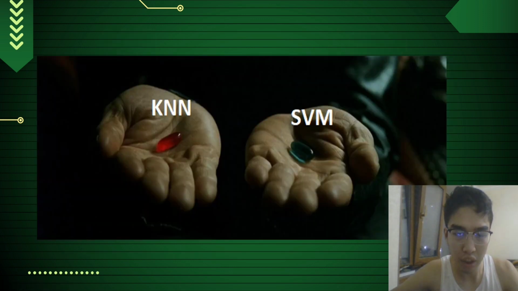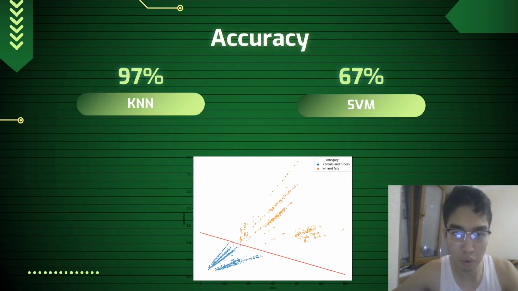So which one do you think is the better fit for our data? You can pause and think about it. So let me show you the answer. Based on accuracy, the main deciding factor here is the accuracy, and here KNN gives us 97% accuracy. When it comes to SVM, it gives us 67%.